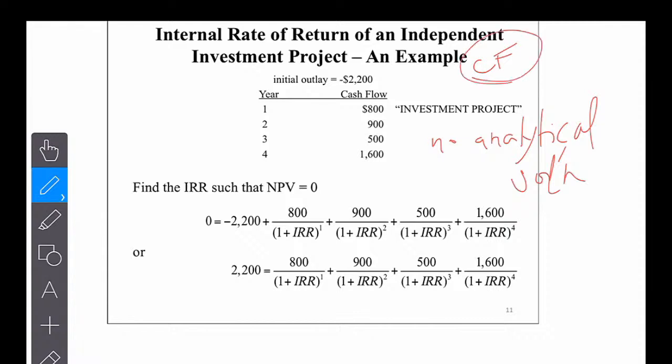CF0 comes up, you put 2200 negative, enter, down, down. Then you do 800, enter, down, down, then 900, enter, down, down, 500, enter, down, down, and 1600. I'm doing it right now. I can show you my calculator, but I think you guys know how to do this because we did this already for the test.